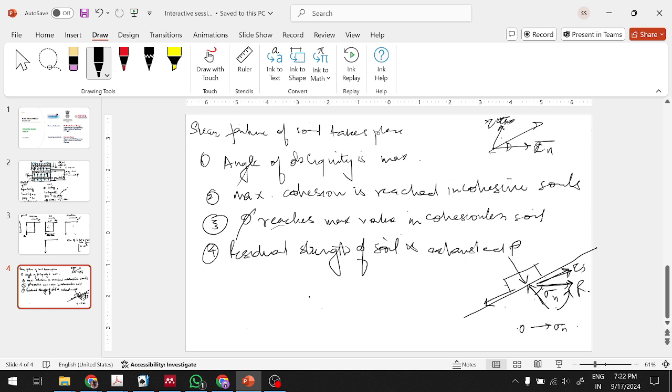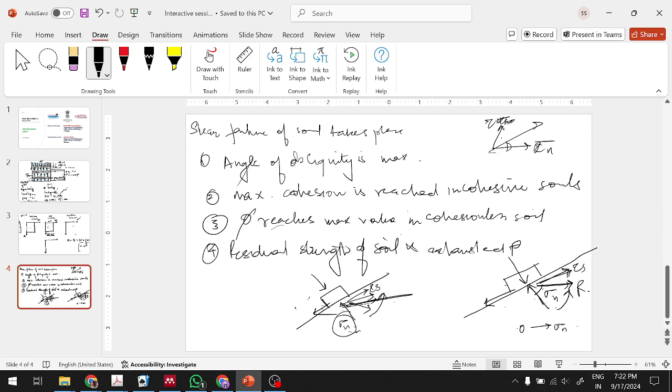For example, you are gradually loading. This is sigma n, this is tau s. When your sigma n is low, the resultant is changing its angle as the loading is increasing, up to a point where the friction is overcome.